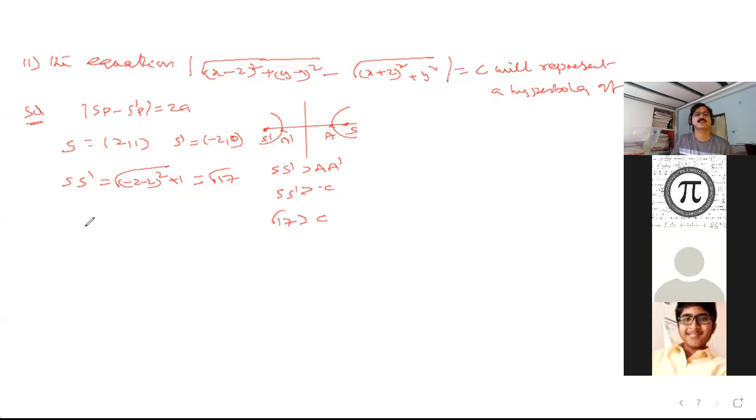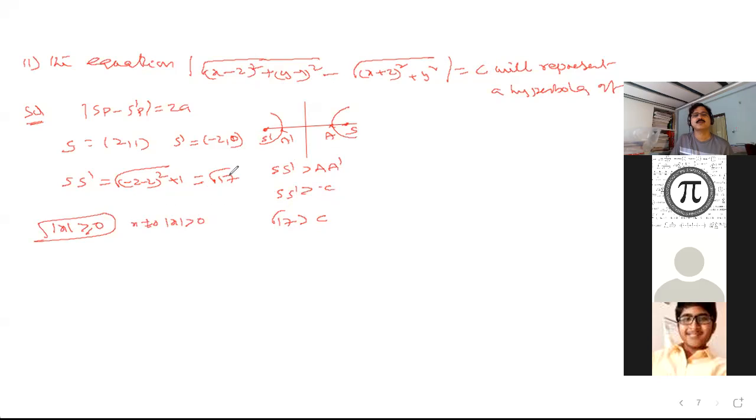But mod x is always greater than 0. Actually mod x is greater than or equal to 0, but in this case the difference must be there, it should not be 0. So x is not equal to 0 means you can write mod x is greater than 0.